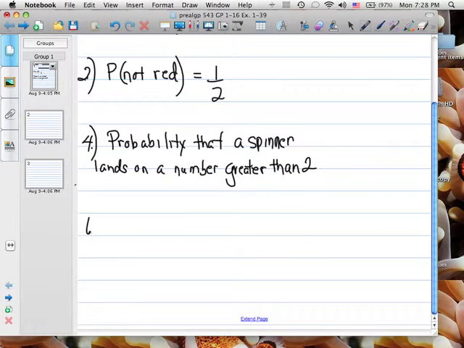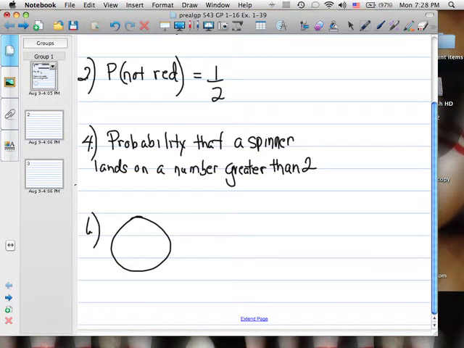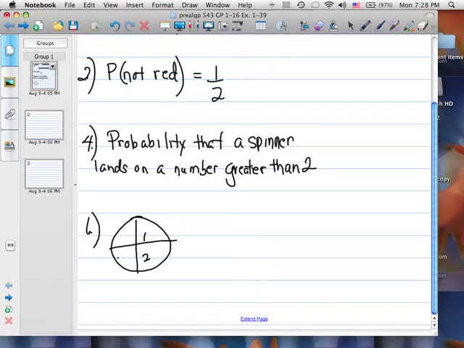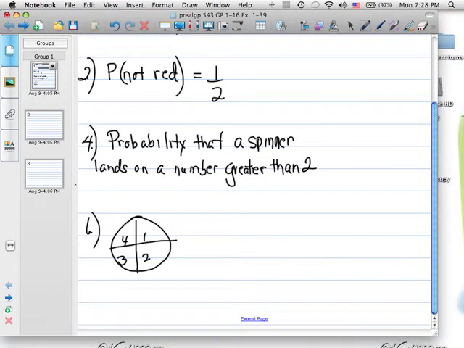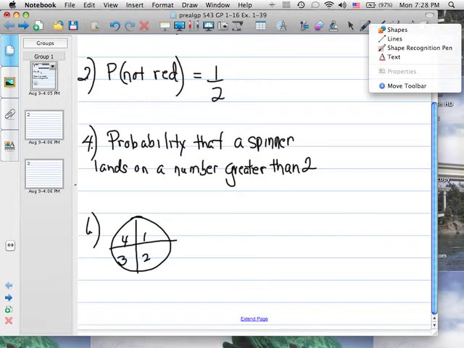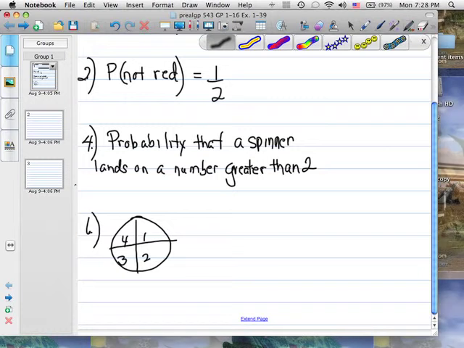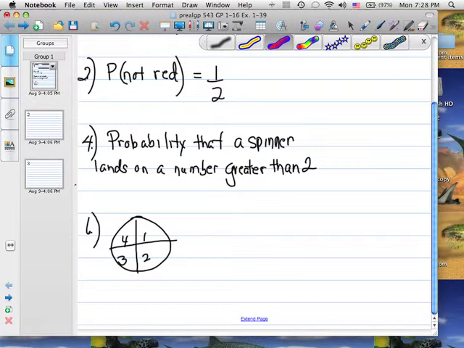Number 6, the spinner shown is spun. So we have the spinner, and it has 4 sections. There's a 1, a 2, a 3, and a 4. I'll see if I can find some markers here. This section is red.